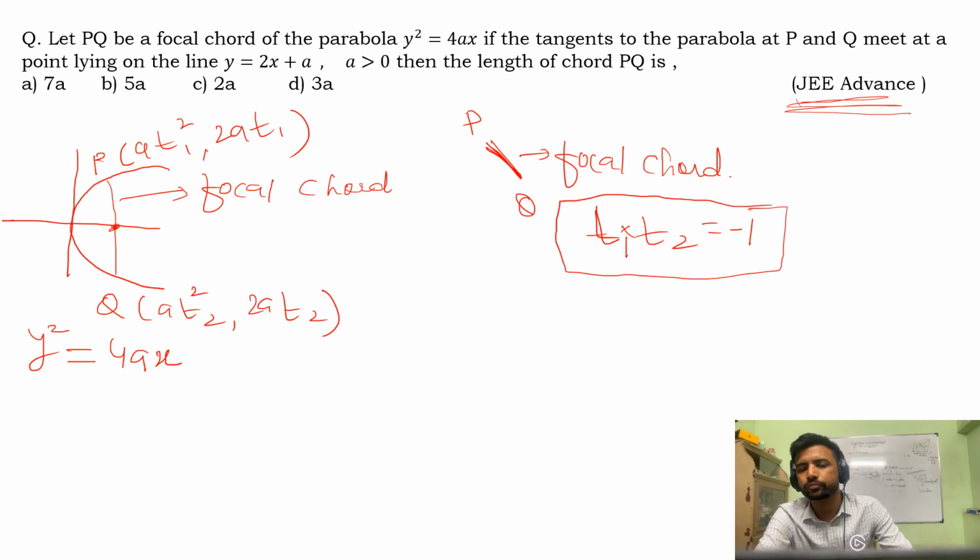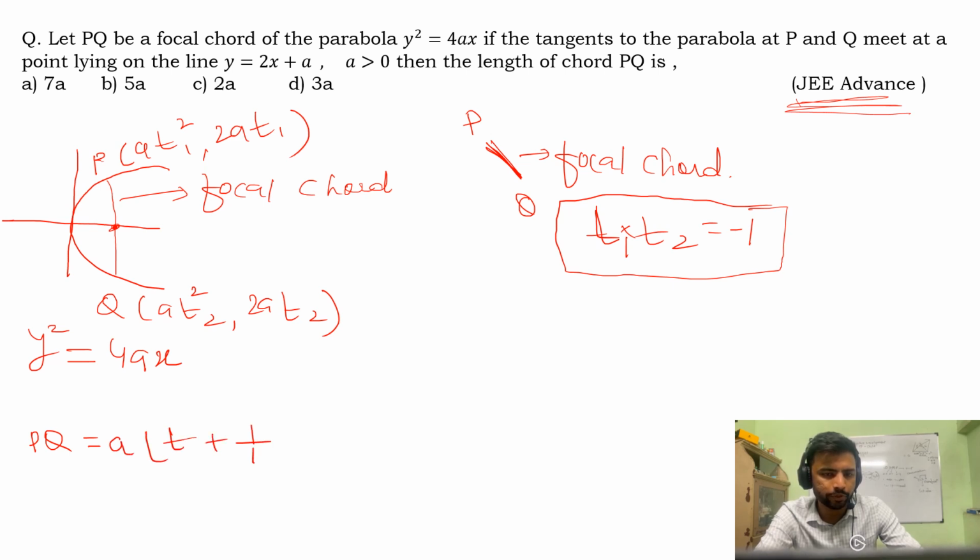Now again, as we all know, the length of the focal chord under the given condition t1 into t2 is equal to minus 1 is a into bracket t plus 1 by t whole square.